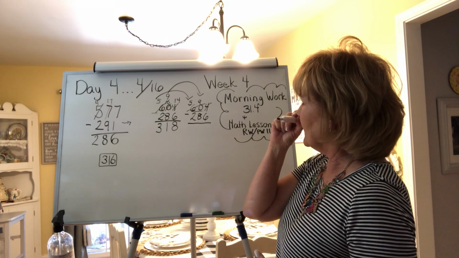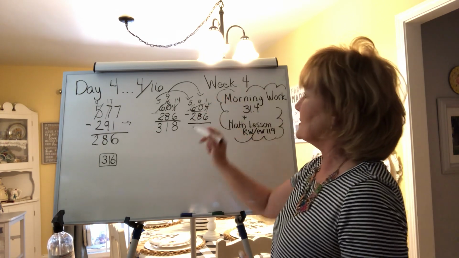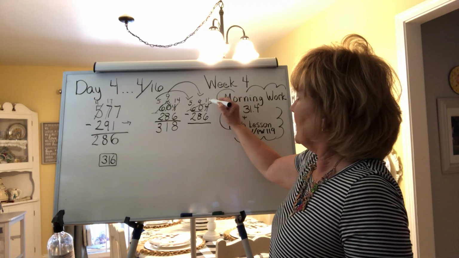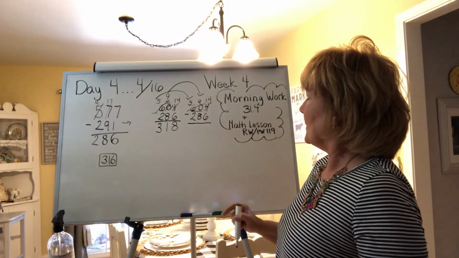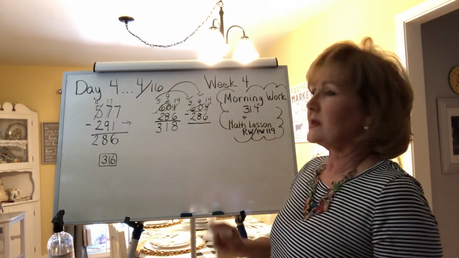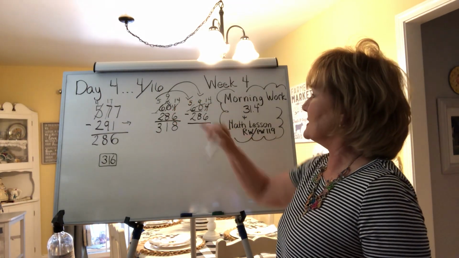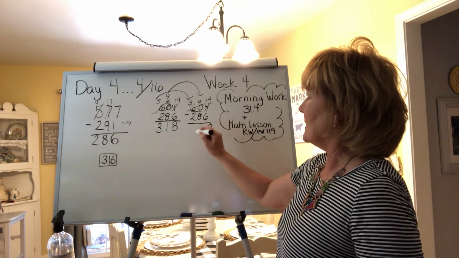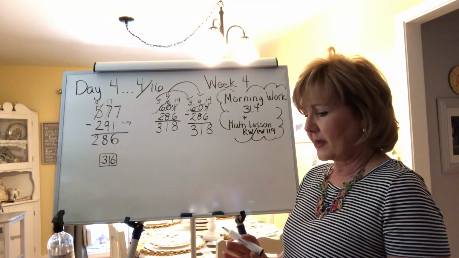I borrowed already, excuse me. So I already brought over the 1. I joined it here because I borrowed from 60 tens. So I brought 1 ten over. That leaves 59 tens, or 500s, 9 tens. So I get the same answer either way. So either one of those works, okay?